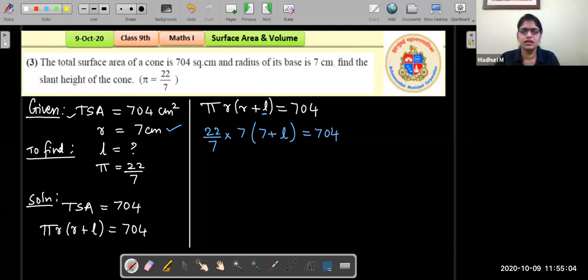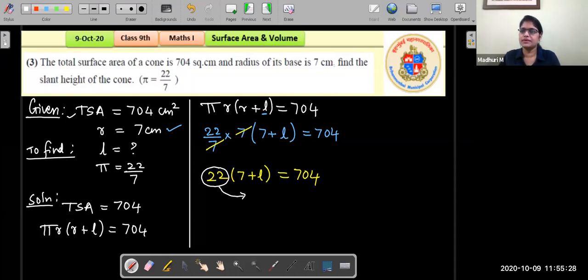And then we see 22/7 into 7. So in multiplication, 7 and 7 will get crossed out. We are left with 22 times (7 plus L), which is equal to 704, right? And what will be the next step? We get rid of this 22. 22 is in multiplication over here. It would move to the other side.